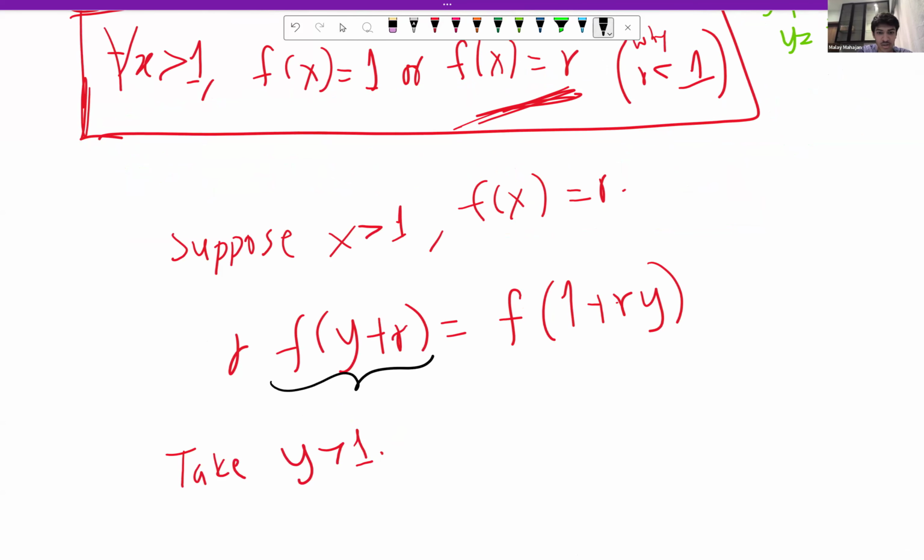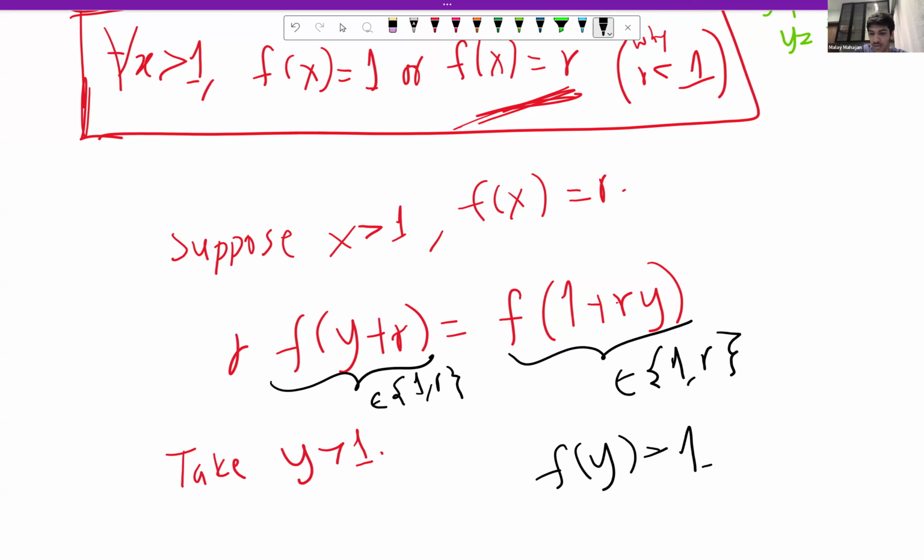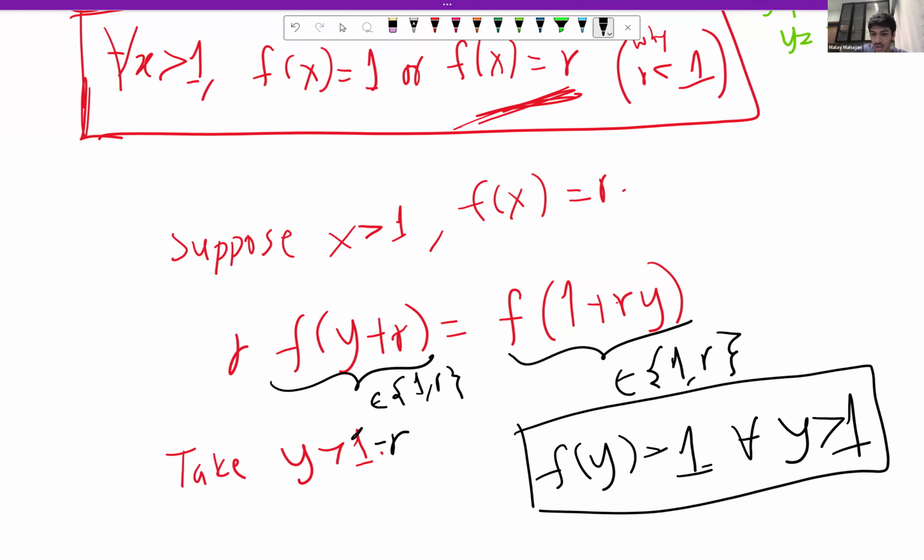This expression belongs to 1 or r. That's possible, and I get that f is 1. You just get y check 1. So show it for that, and then you put it in the equation again, you can get it for small values. I'll leave this after this. But what was the main part of the element? Is it clear to everyone? Yes, very cool.